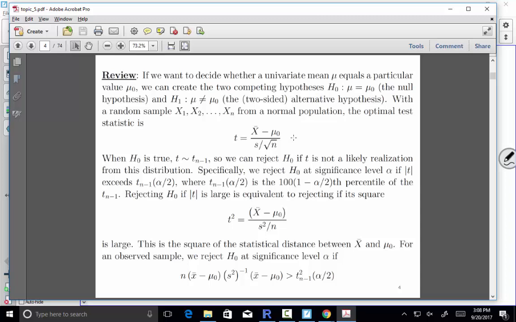So a test statistic is just a statistic that's specifically designed to quantify how different our observed data are from what we expected them to look like under the null hypothesis. The t-statistic, for example, is a standardized version of x bar.